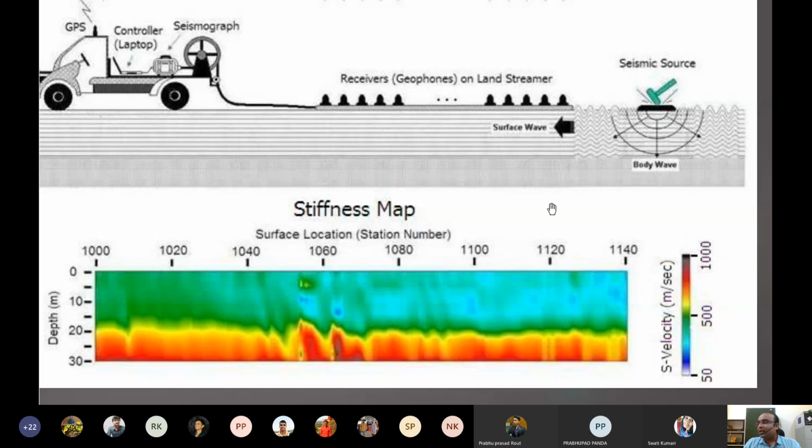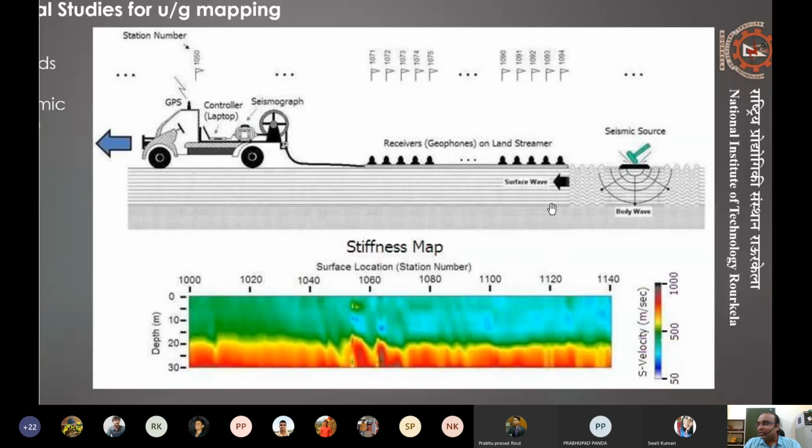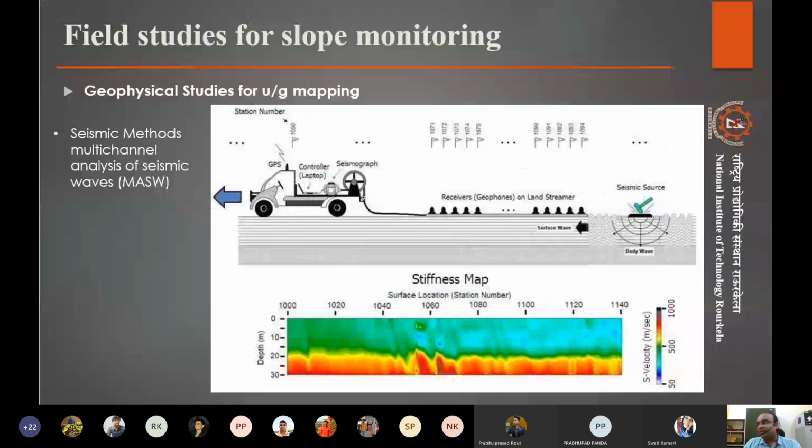So knowing the velocities, we can plot a velocity map. On the bottom side, you can see how an S wave map is generated from this kind of seismic study. The S wave velocity is given in meters per second, and what we can see is that below a certain point, the S wave velocity has increased.